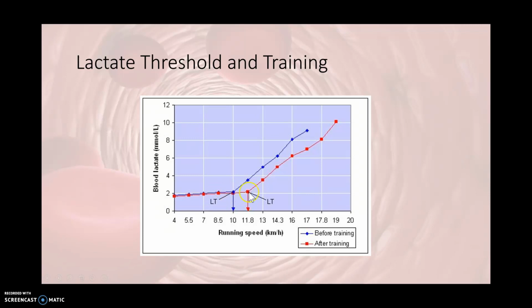With lactate threshold training, we want to move that threshold over to the right. Here we see it increase disproportionately, and over here we don't see it until about 12 kilometers per hour. So that person is getting better at producing and clearing lactate, which means the exercise task can last longer or become more intense.